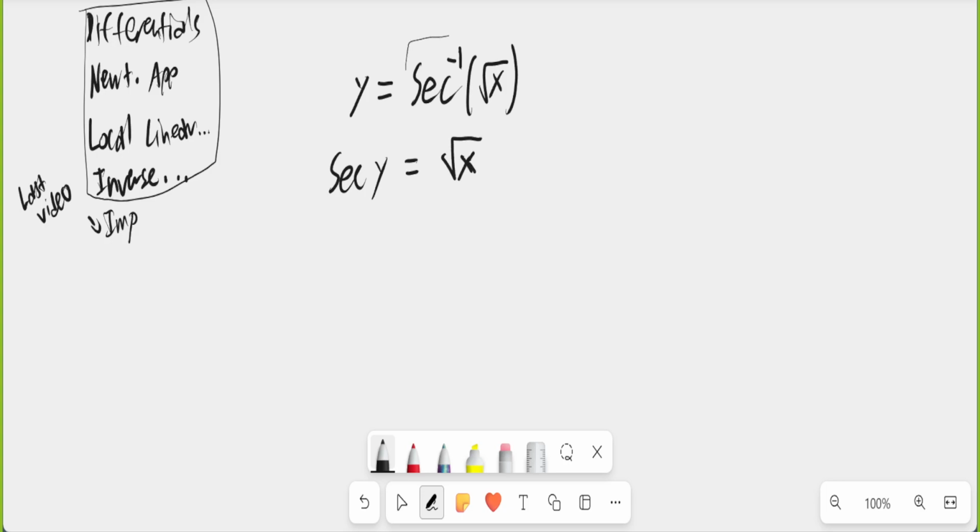Also keep in mind, if you're ever trying to find y, like it asks you for the value of y in the derivative or anything, this has a domain restriction. I can't think of a problem where we'll have to do that, but if it ever comes up, you have to keep in mind that domain restriction.